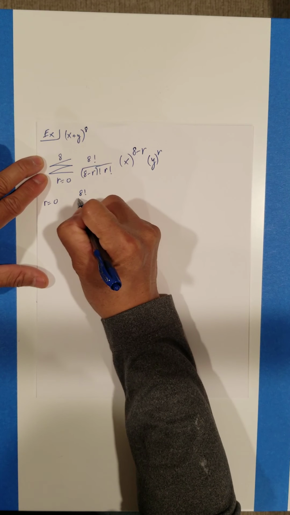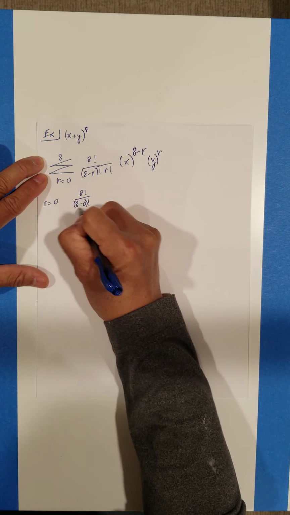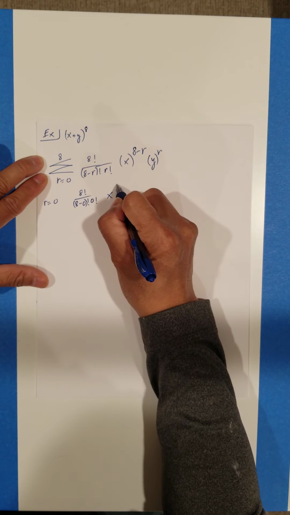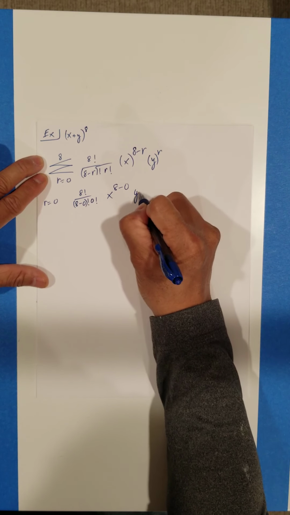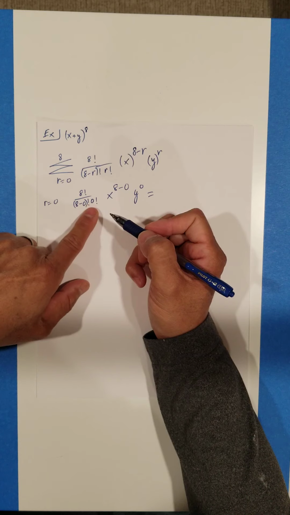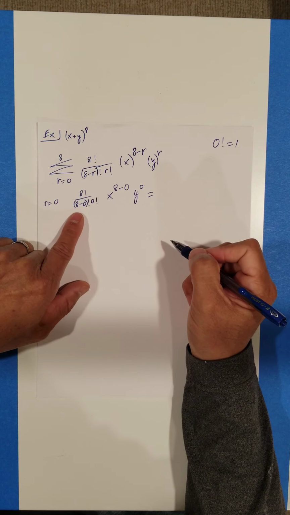So 8 factorial over 8 minus 0 factorial and 0 factorial, and then x to the power 8 minus 0, y to the 0. Now something you need to know about 0 factorial: 0 factorial is always 1, so be careful of that.